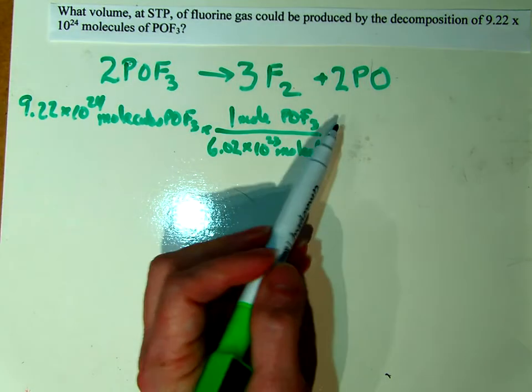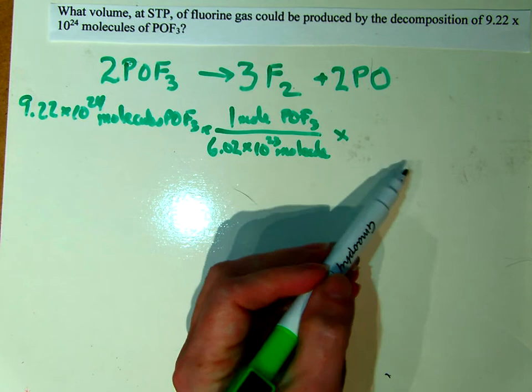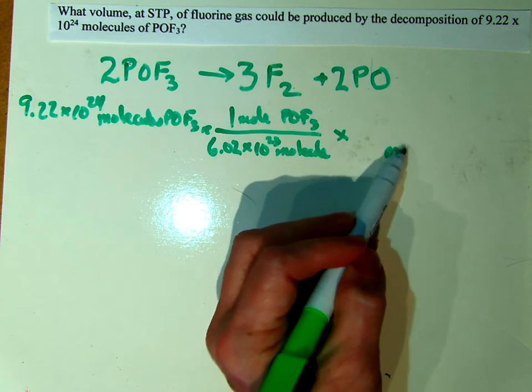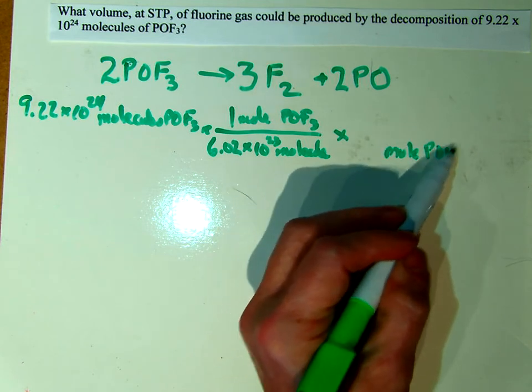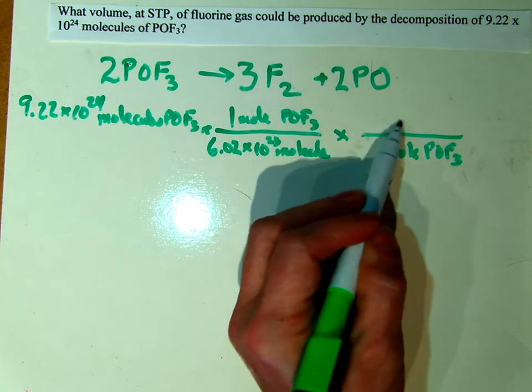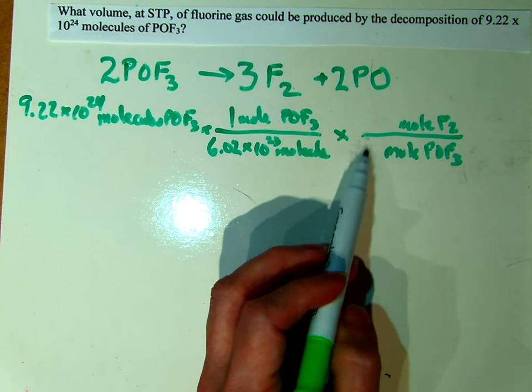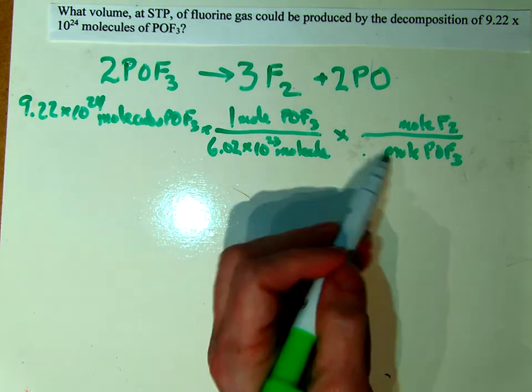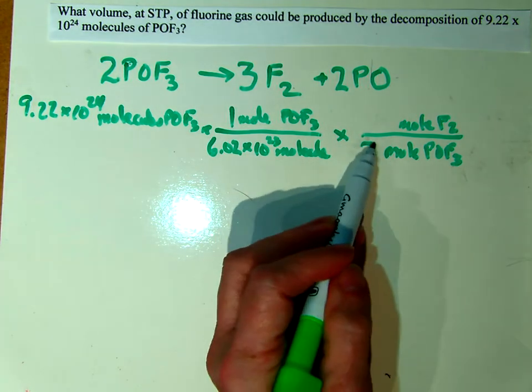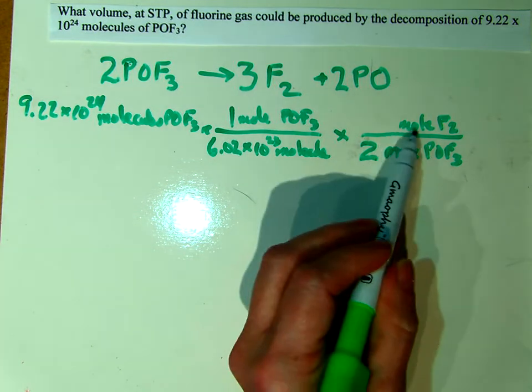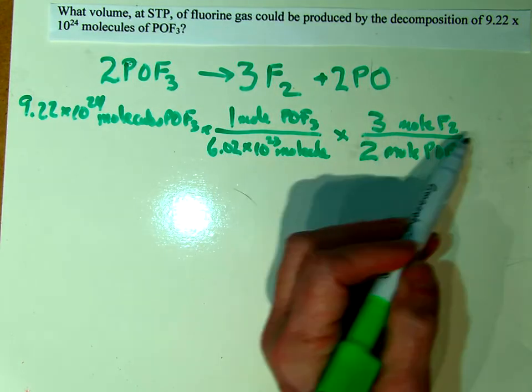And we need to go to moles of fluorine gas. So we're going to put moles of POF3 on the bottom, moles of fluorine gas on the top. We get the coefficients from the balanced chemical equation. So it's going to be a 2 down here, and it's going to be a 3 up here.